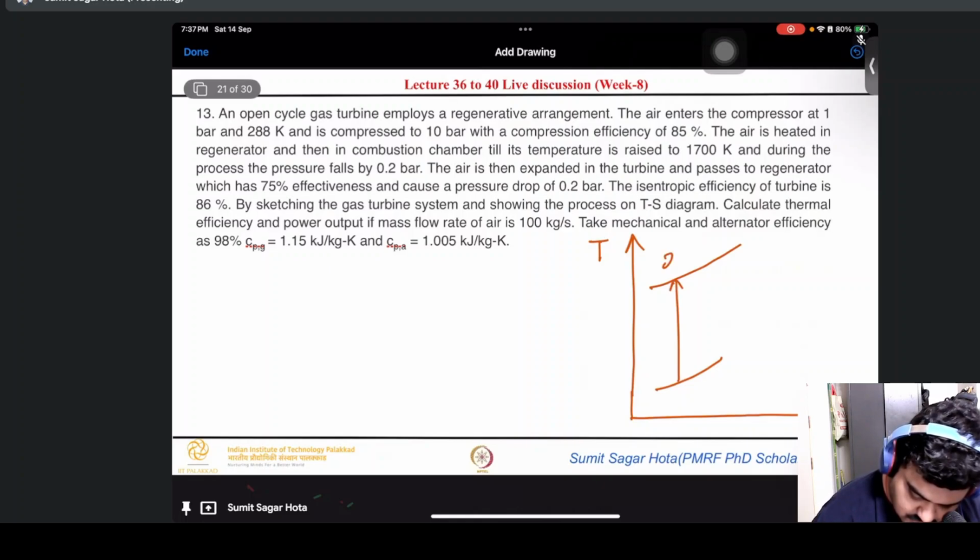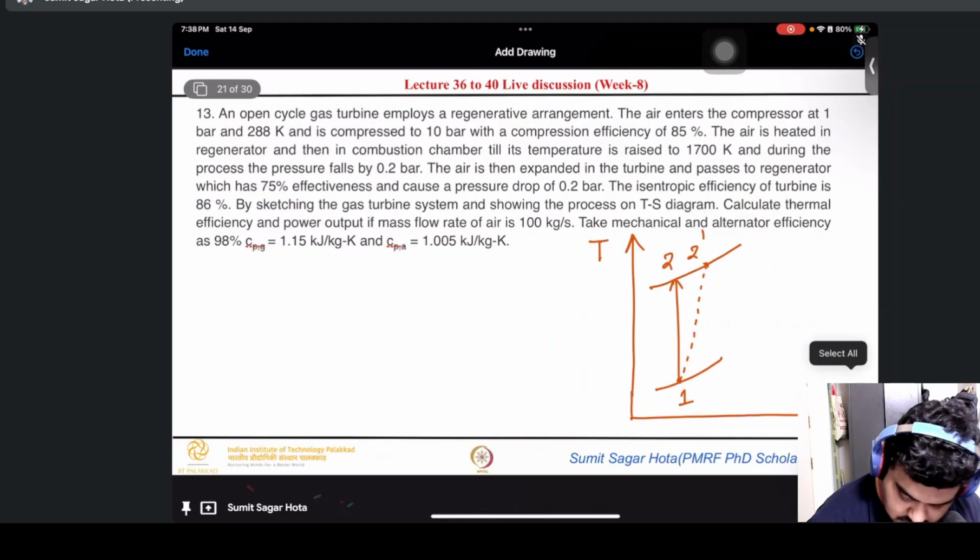This is your 2 point. This is your 1 point. This is your 2 dash. This distance is 9.8 bar, given in the question.